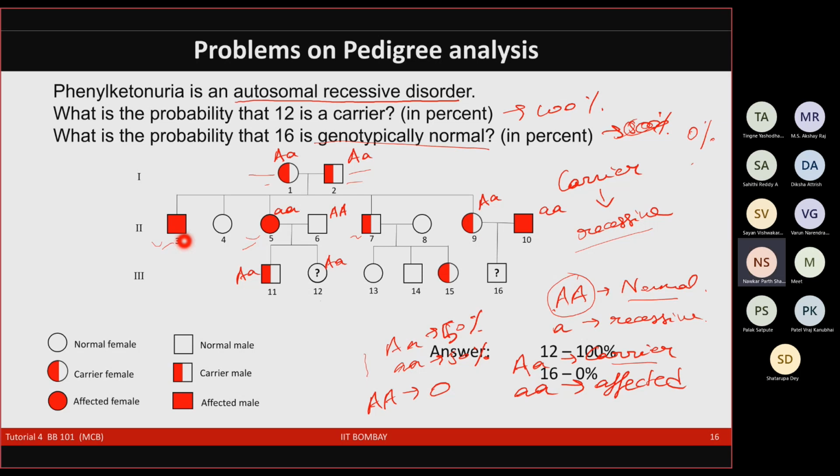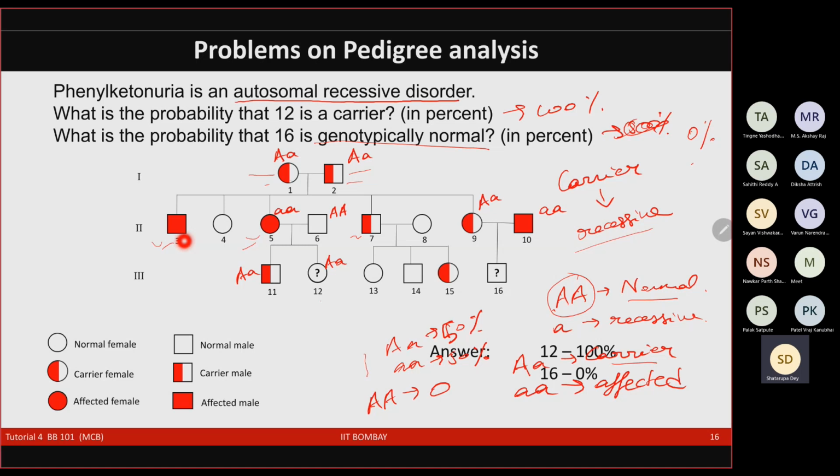Actually, a small doubt. Once we have identified the disease is autosomal, why is there a need to classify the subjects as male and female? You don't have to classify as male and female, but it's good practice to identify the things as you go along. I have been doing this for many years, so by habit it has become like this.